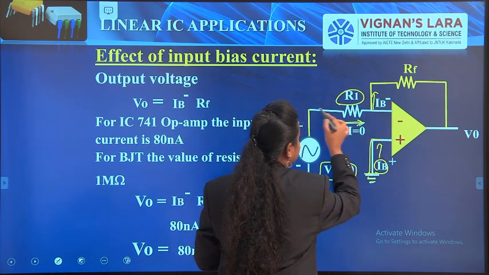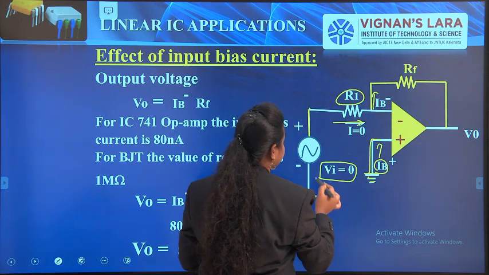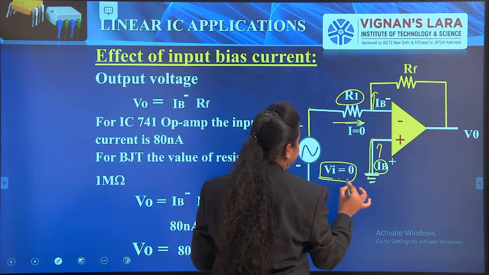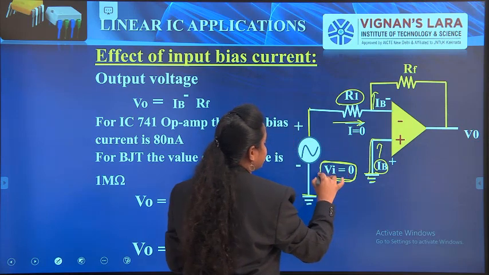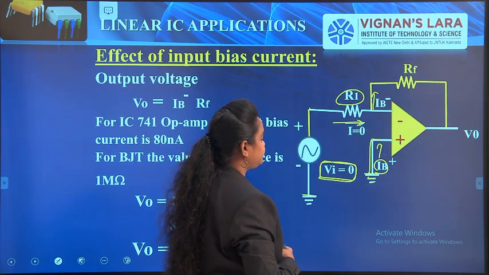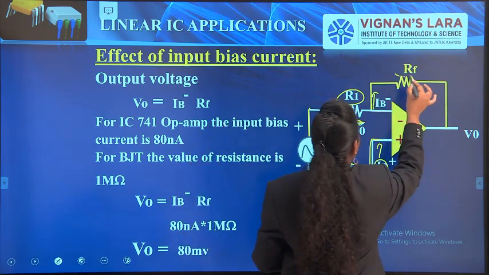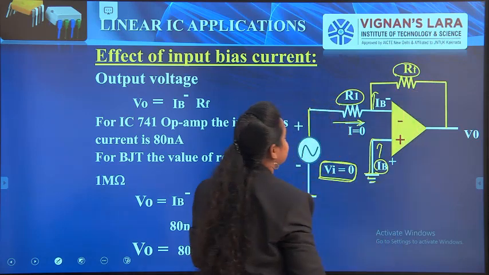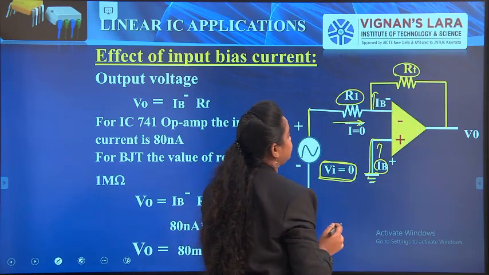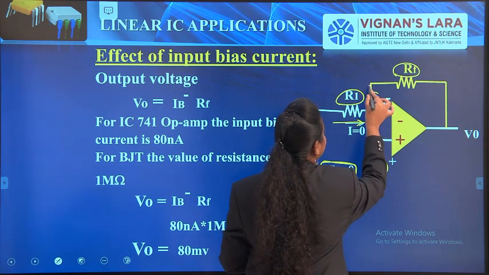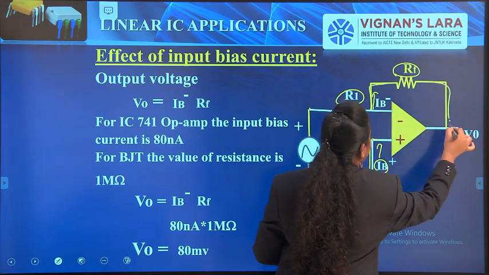Here the inverting terminal is connected to a voltage, but here we are given a voltage input of 0, and RF is the closed loop feedback, that means negative feedback, which is connected between the inverting terminal and the output voltage.